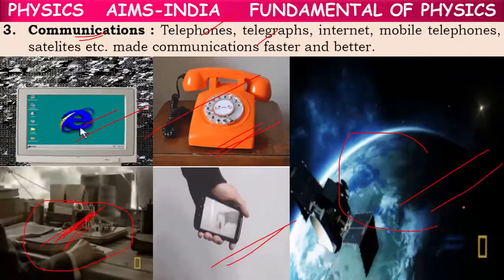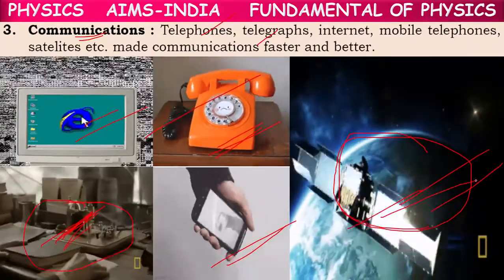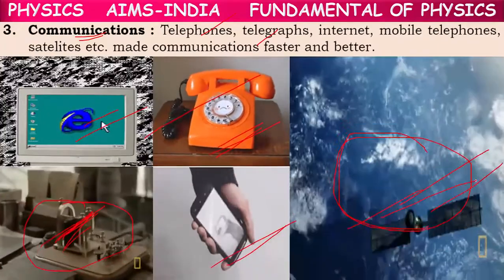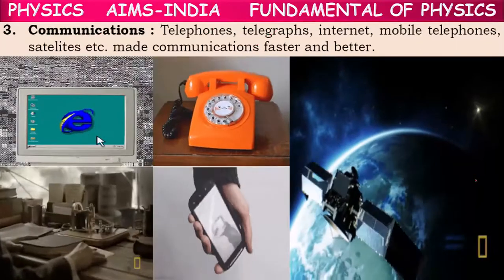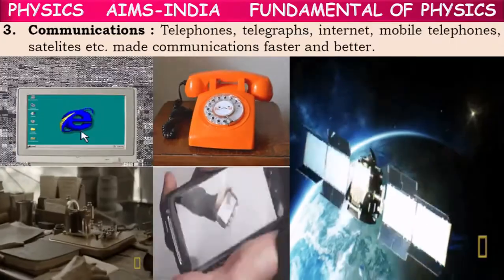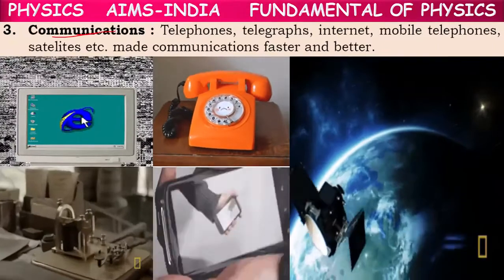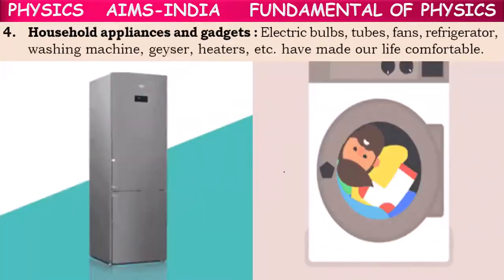Now we are able to see TV programs only because of the satellite. Digital cinema we are able to see because of the satellite. So in the field of communication also, physics has done a great job by inventing different kinds of machines.